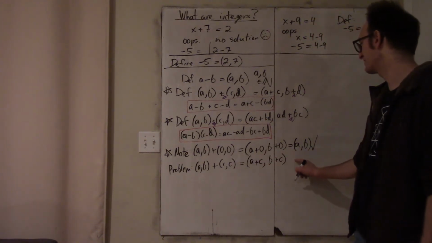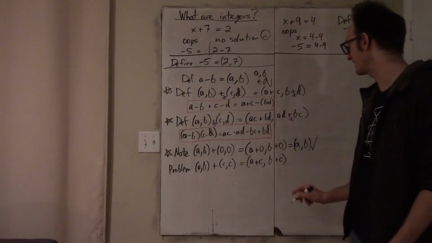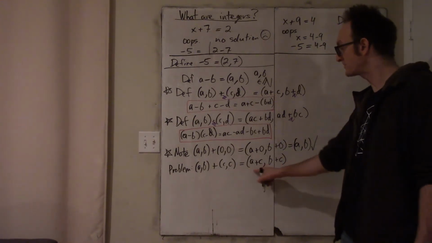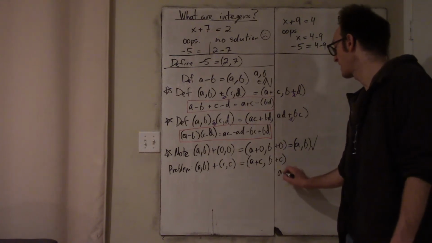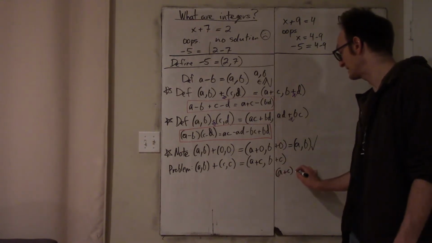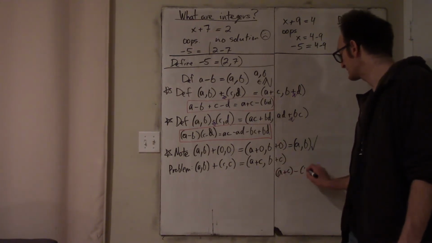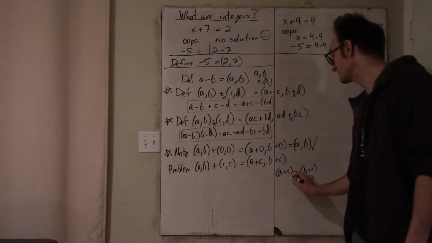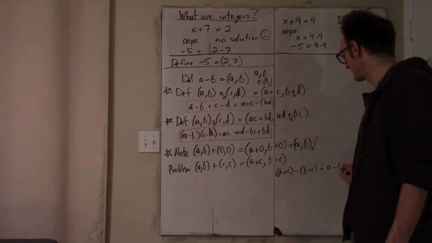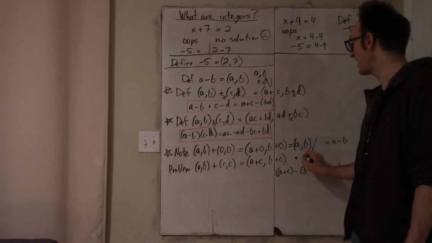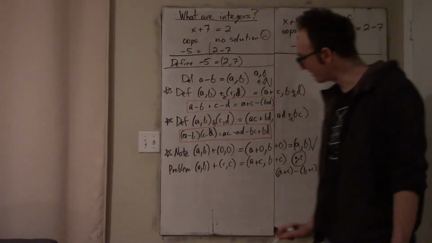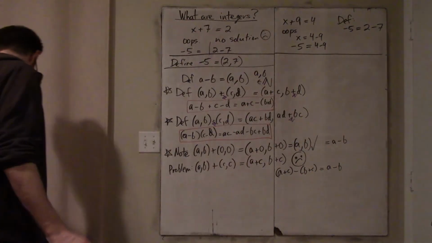And this is kind of a problem, right? Because how should I interpret (A plus C, B plus C)? I should interpret it as A plus C minus B plus C. Well, that is indeed A minus B, which is supposedly what this means. So the problem is a different problem.